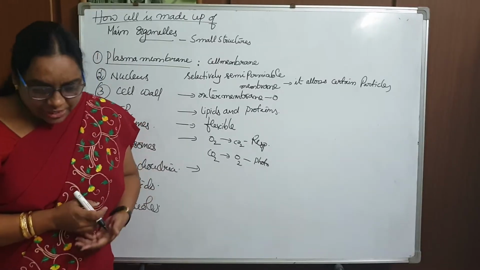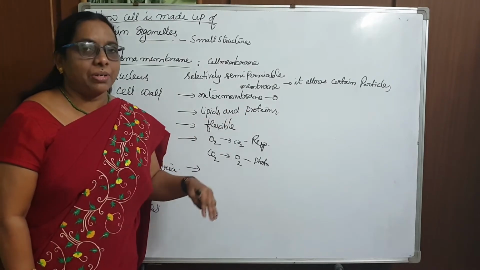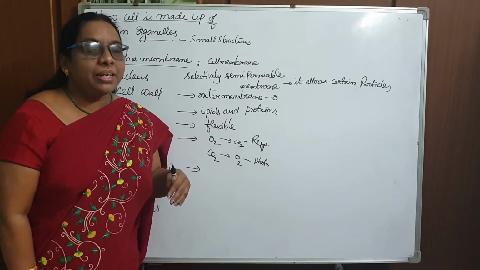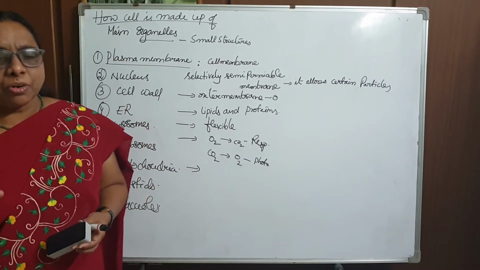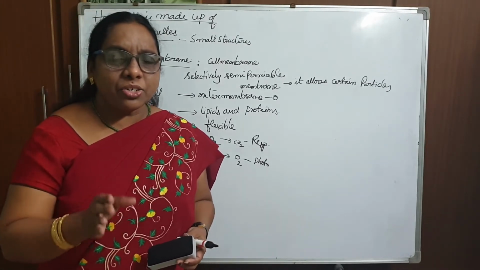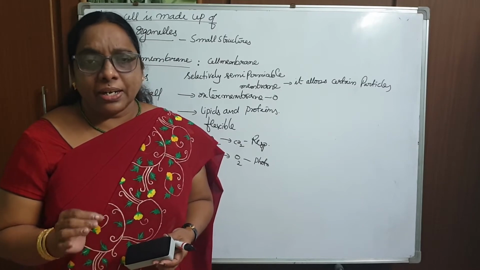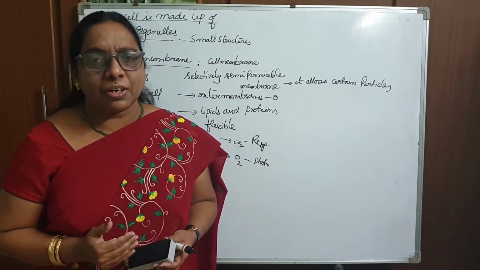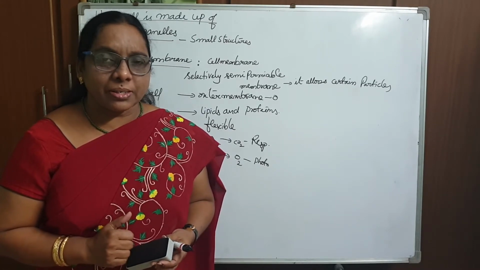Now the question is how it is possible for O2 to enter inside and CO2 to come out. How is it possible for water to go inside and come out? For any particle to move from one region to another in a biological system, we have to study two processes: one is diffusion and the second is osmosis.